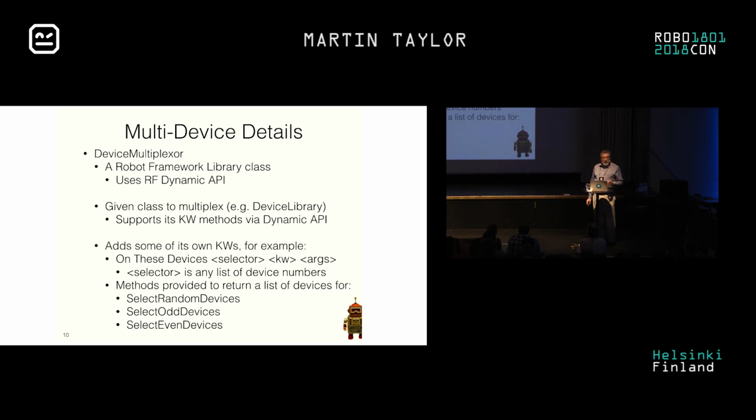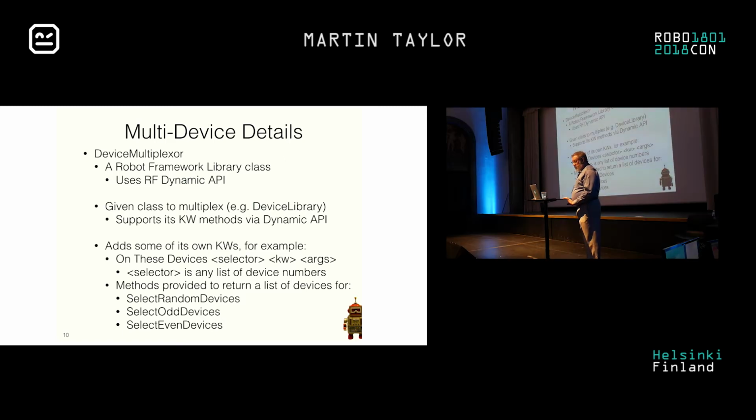So if it returns 1, 3, 5, 7, so on, there's your odd numbered devices. And we had keywords to do specific things like random devices, odds and evens, because that was just an easy way to split things up very often. But any test author could write any other expression, or even hard code a list of device numbers, and address a specific set of devices.